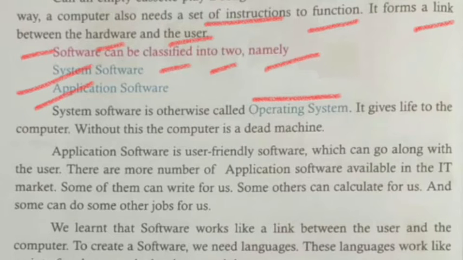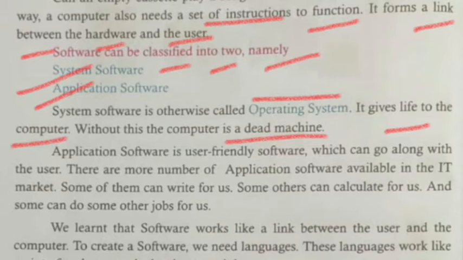System software is also known as the operating system. It gives life to the computer, isn't it? Without this, the computer is a dead machine. If this system is not inside the computer, then it is just an empty box. The machine is fixed inside the box, inside the CPU.